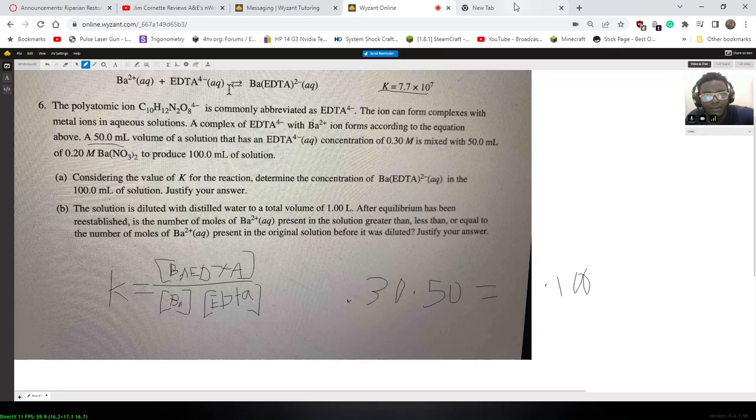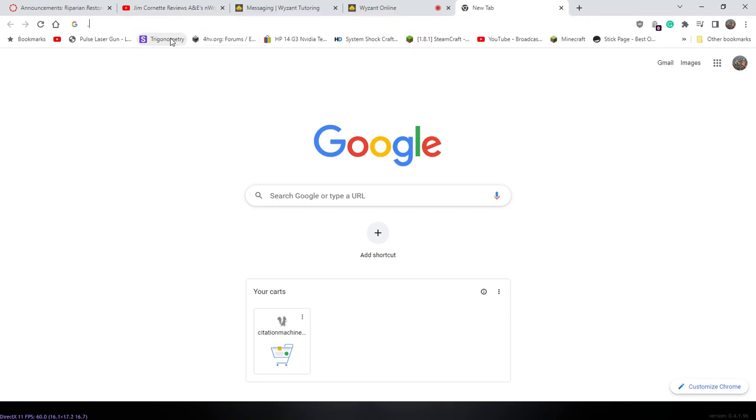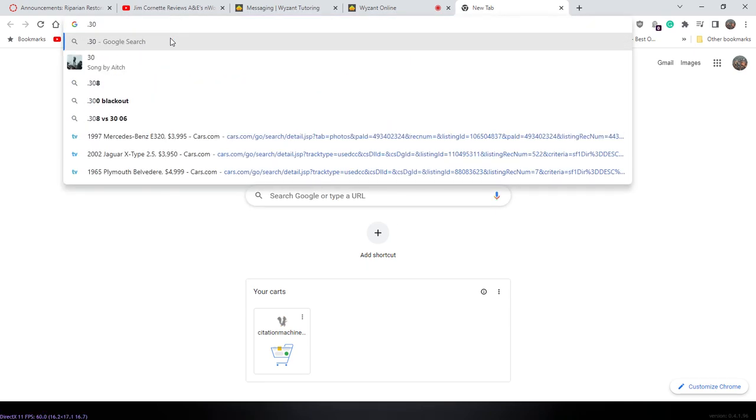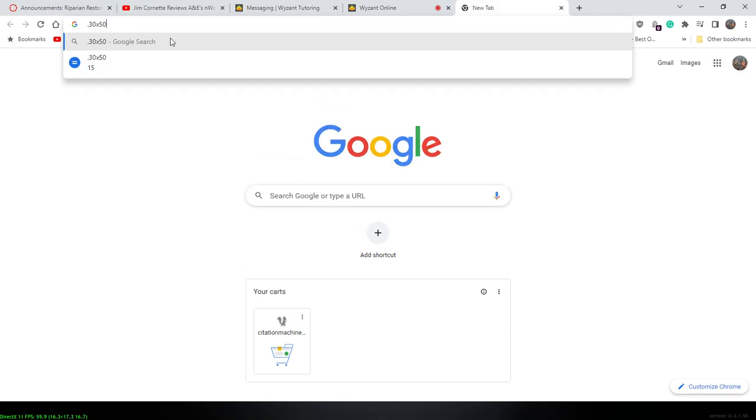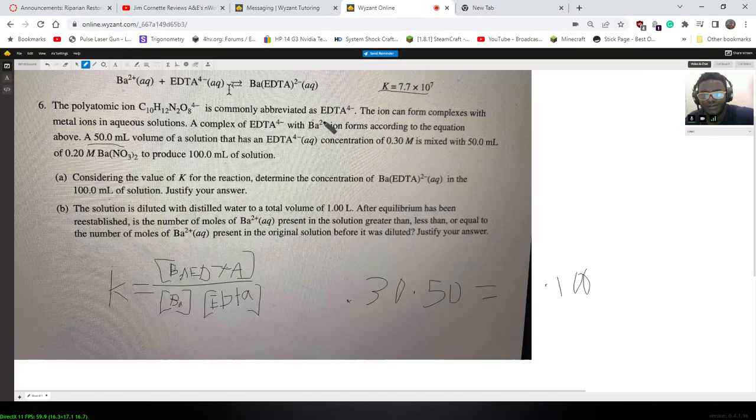So we will do 0.3 times 15 divided by 100. So that's 0.15. Actually, I really should have seen that coming.